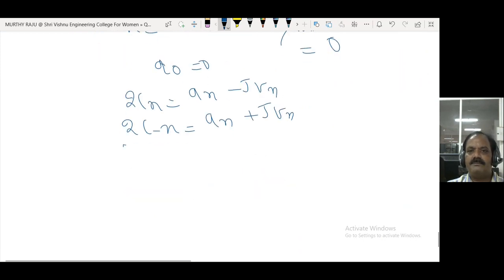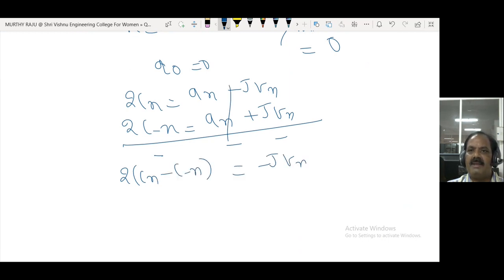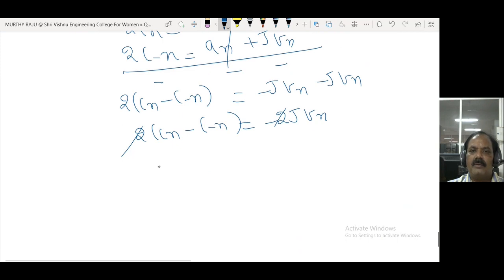Subtract these two. 2 into Cn minus C minus n is equal to minus 2j bn. The 2 cancel. Therefore, bn is equal to Cn minus C minus n by minus 2j.